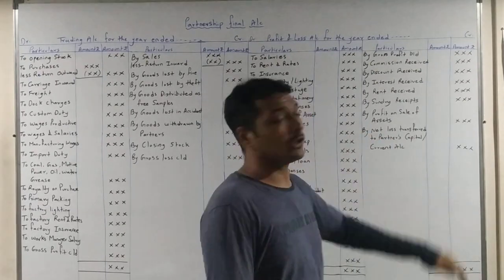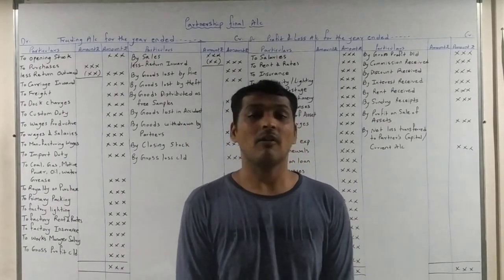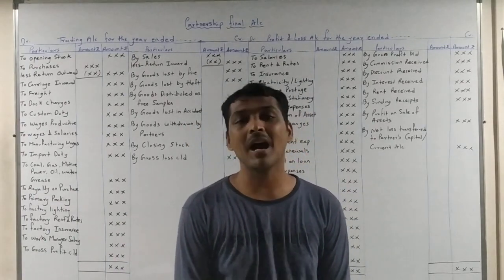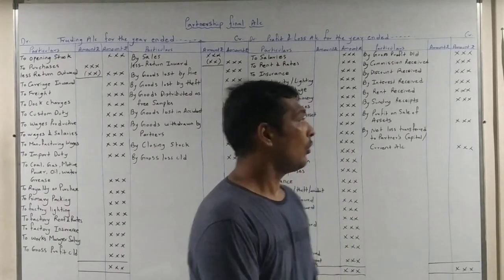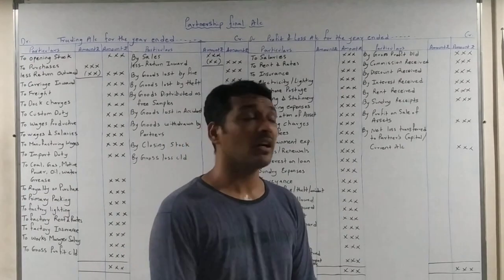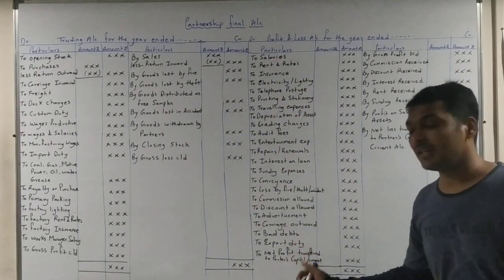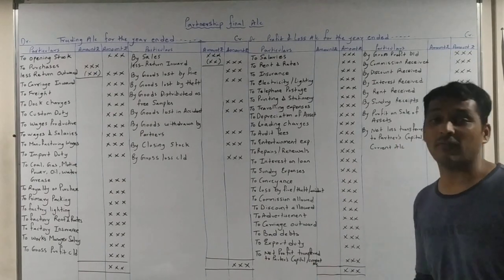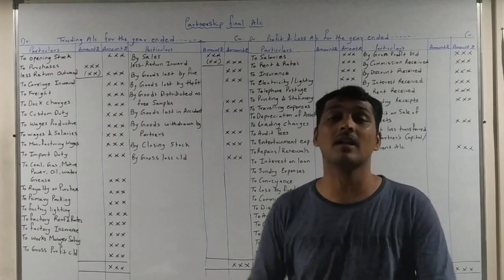Then the net loss. Let us discuss why we prepare profit and loss account: to determine the net profit or net loss for the year. When the credit side is more than the debit side, we get net profit, and that will be transferred to partner's capital or current account.